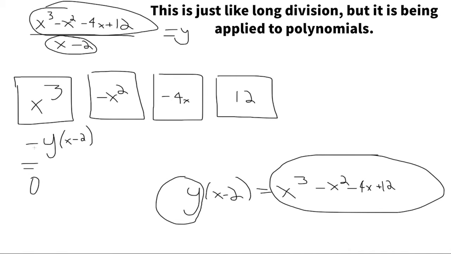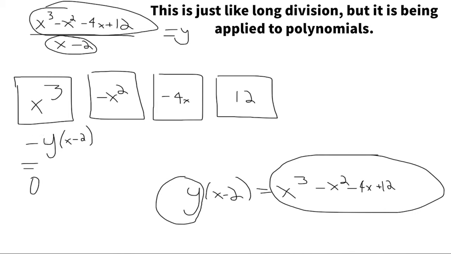We'll see how we deal with remainders later. Basically, we subtract some amount of x minus 2's until we get some number that we can't divide by x minus 2's anymore.